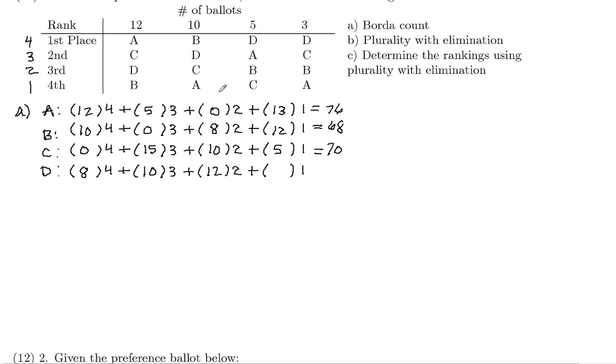And then fourth place, no D's in fourth, so a 0 over here. Okay, so 4 times 8, that's 32, and 30, and 24, and 0. So 86. And the highest number of points wins, which is D. Okay, so D wins the Borda count.